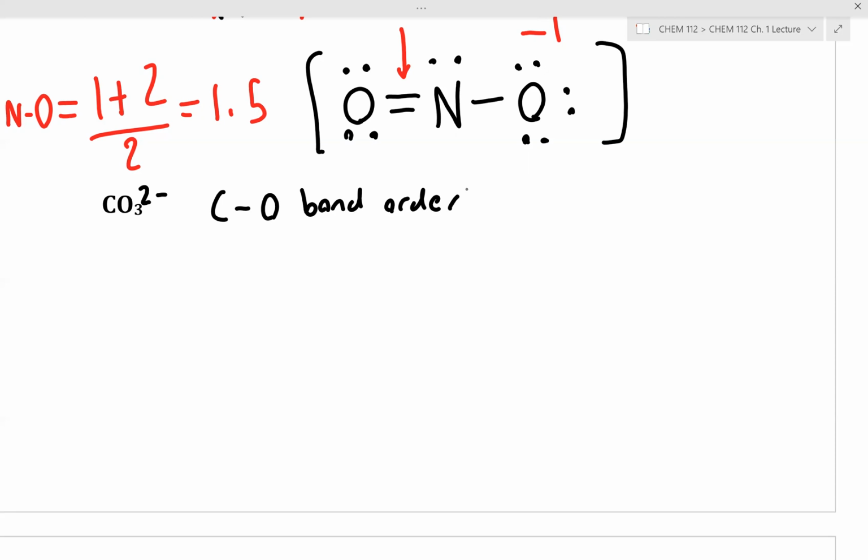All you need to do is fulfill the octet rule. Oh, almost perfect. It just needs to fulfill the octet rule on this carbon. Yep, perfect.